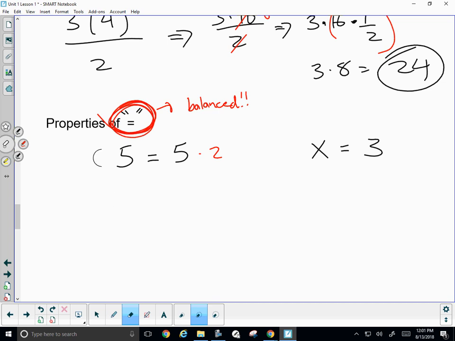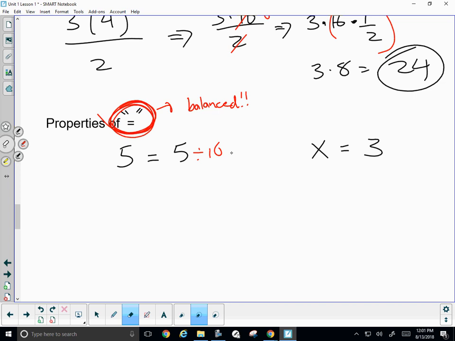Be careful with division. Division should go underneath, but do not put it on the side. Don't put something like divided by 10, because if you read this, it is 10 divided by 5, which is 2. That's different than 5 divided by 10. So I don't like to put things on the sides when we're dividing because it messes things up.